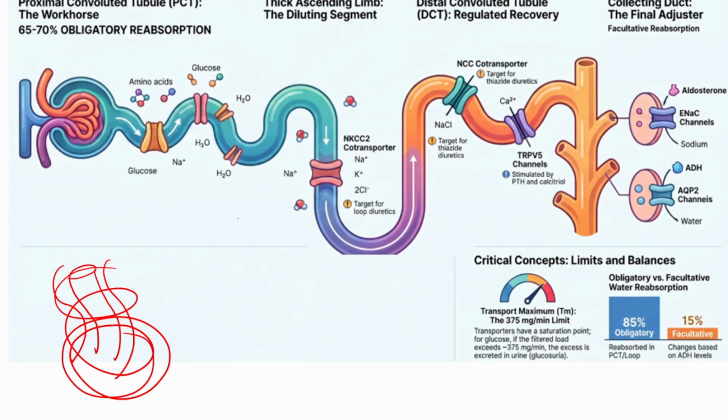So tubular reabsorption is the physical process where directional movement of fluid and solute from the tubular lumen back into the peritubular capillaries occurs. That means the fluid and solute will go from lumen back to capillary. Let's say this is the tubule and this is the capillary. We always try to draw the schematic diagram for simplifying the concept.